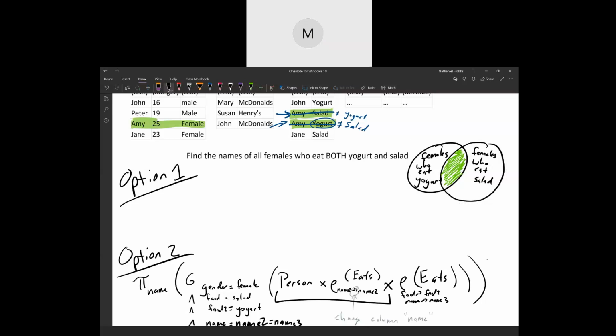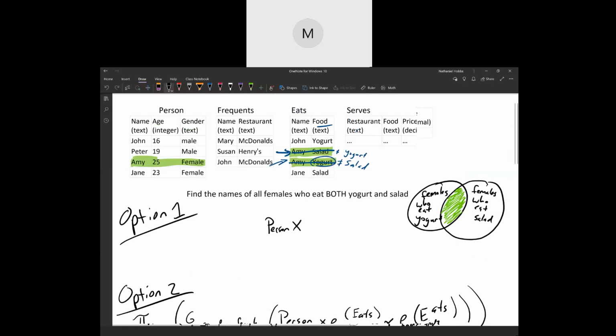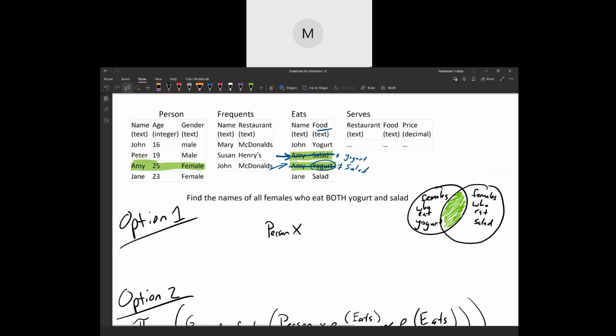Sure. Okay. So, I'm assuming first we'd start with writing the query for females who eat yogurt. If you like. Okay. So, would you have to cross multiply the person table with, sorry, I don't know what the E is called. Row? You can just say R or rename, whatever.